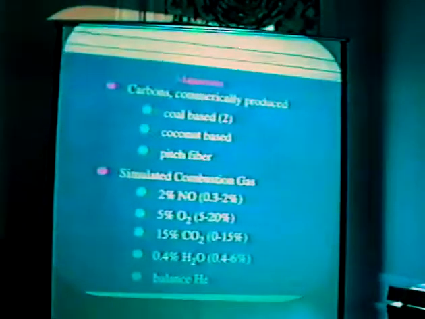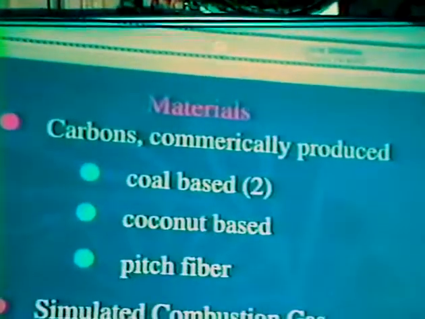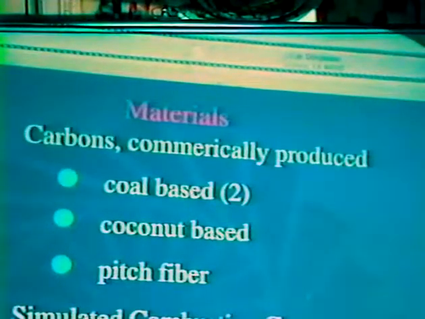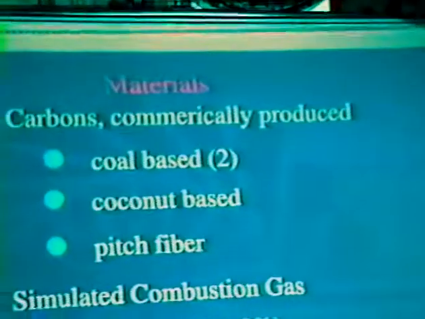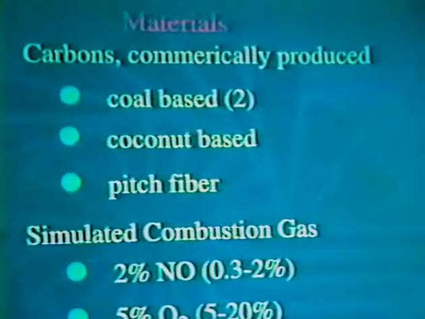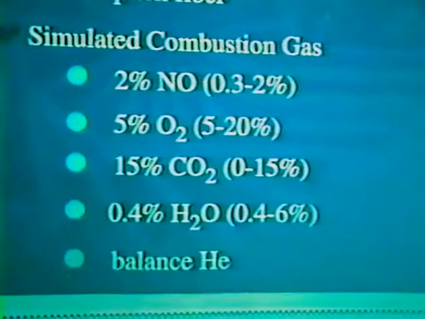So what did we look at in terms of materials? First of all, we chose 4 commercially available carbons. 2 of them were coal-based carbons. We chose a coconut-based carbon and a petroleum pitch carbon fiber. The concentration of flue gas that we used is shown here.